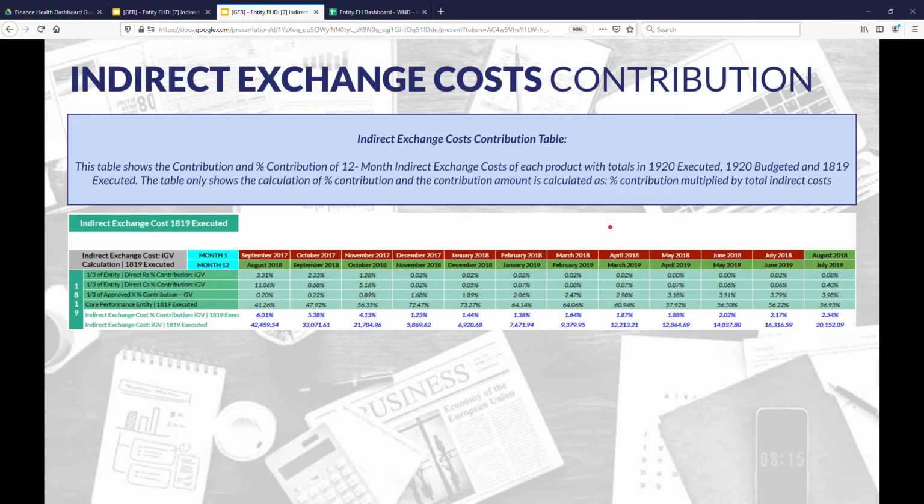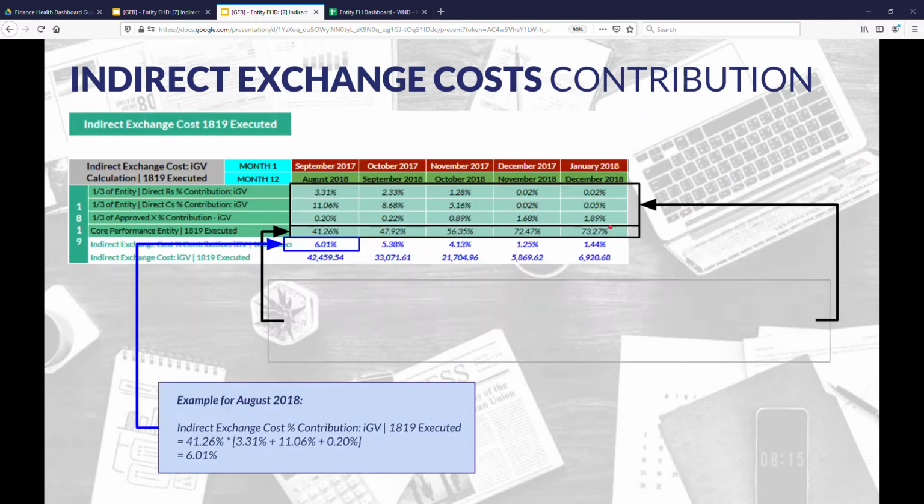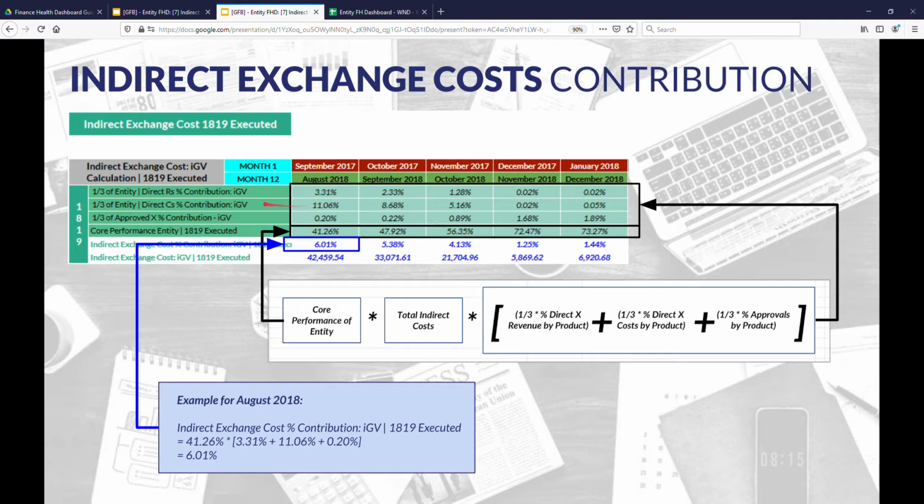Now, just to break this table down even further, there's going to be a zoomed version. The first three rows are this part of the formula: 1/3 of the percentage direct exchange revenue, 1/3 of the percentage direct exchange costs, and 1/3 of the percentage approvals. The other part of the formula is core performance, which is this row.